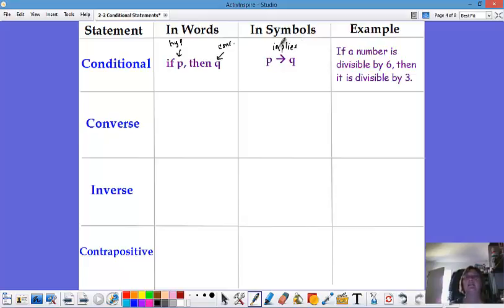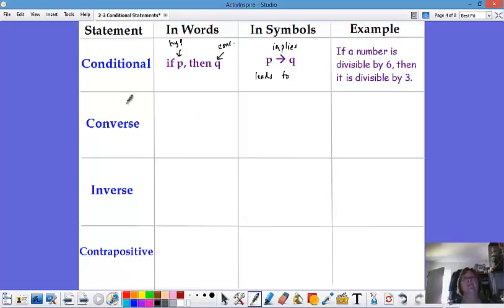Another way to look at that is to just think about the arrow. P leads to Q. Both are ways to think about that conditional. So we have it in words, if and then, in symbols with that implication arrow, and our example, if a number is divisible by 6, then it's divisible by 3.